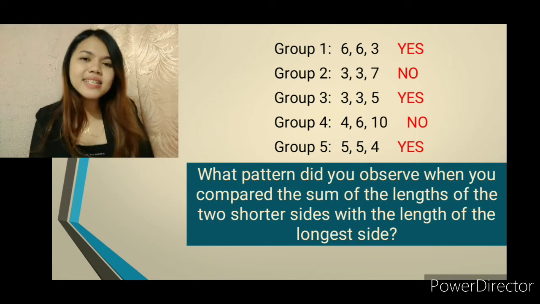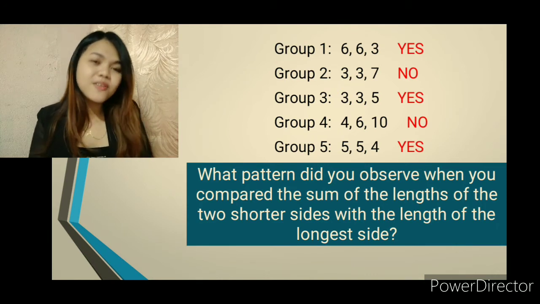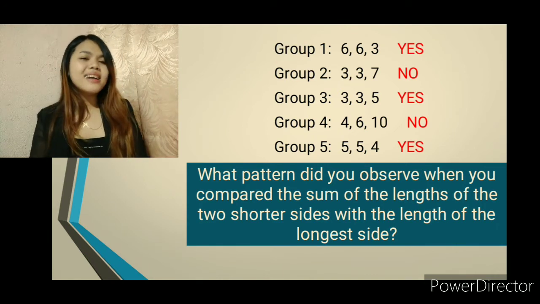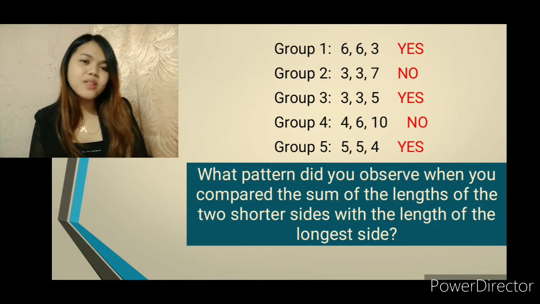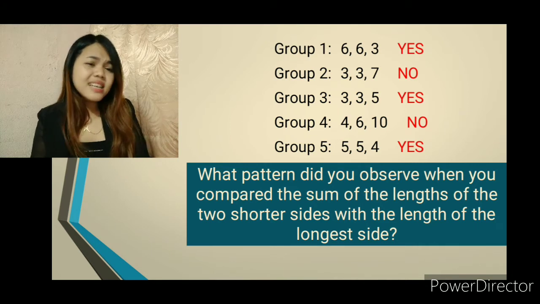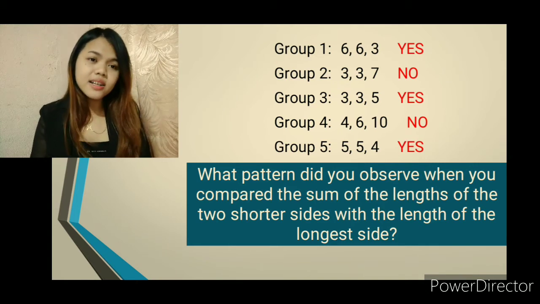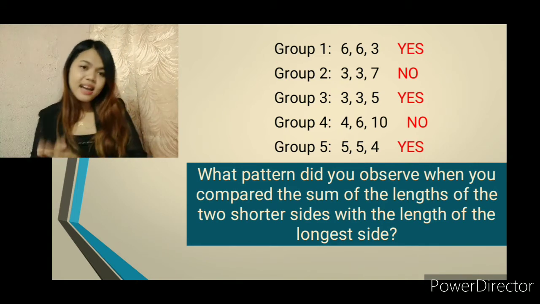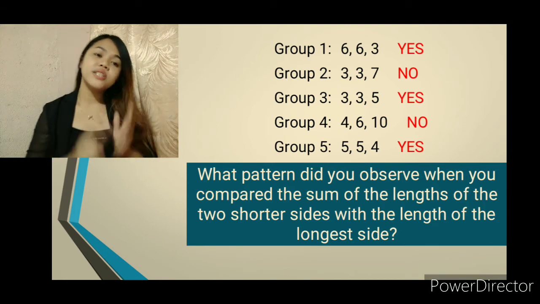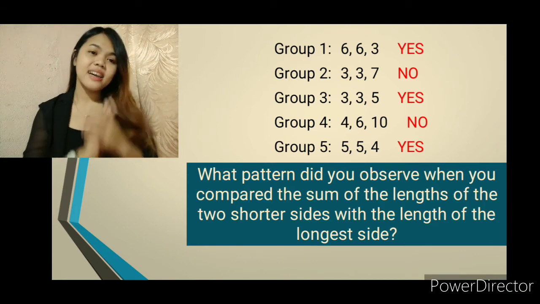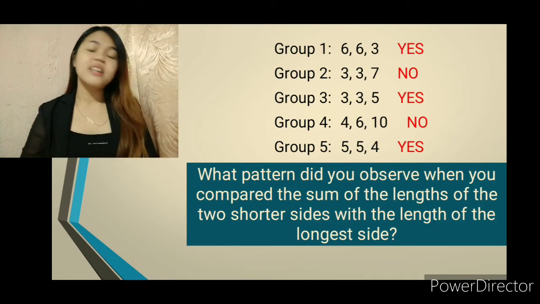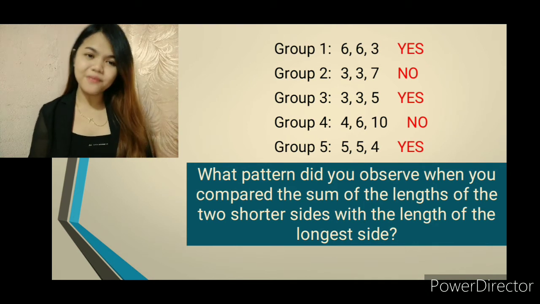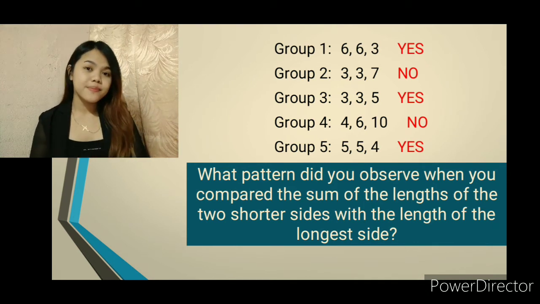Okay, so class, if the sum of the two shorter sides is less than the longest side, it cannot form a triangle. Again, if the sum of the two shorter sides is less than the length of the longest side, then it cannot form a triangle. Very good. How about another?